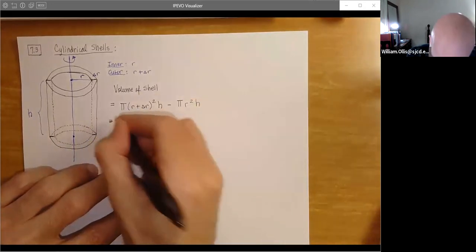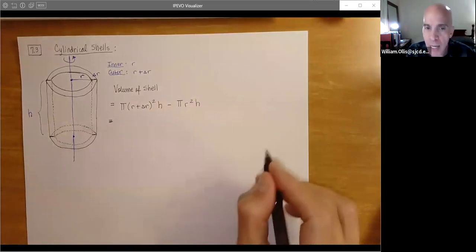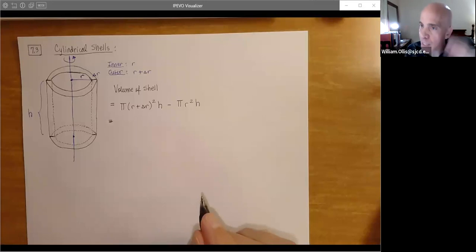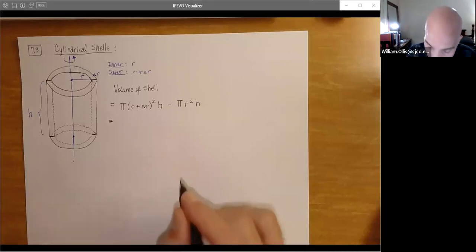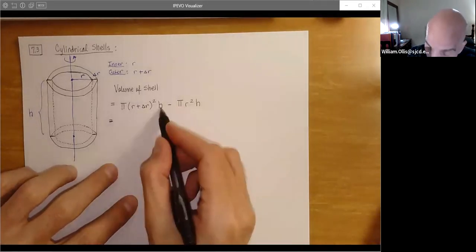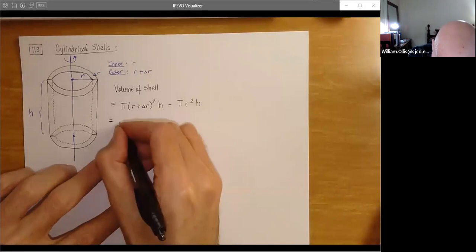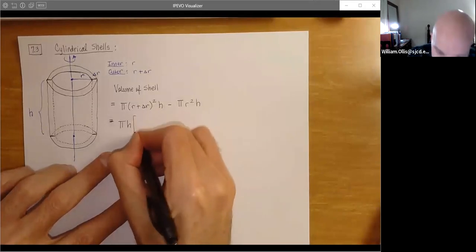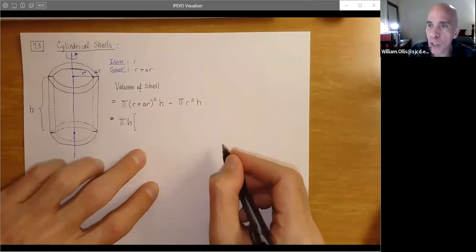So we didn't have to do this before, but at least this idea just utilizes the volume of the cylinder that you talked about in your high school geometry class. So let's go ahead and note in both cases we have a pi h, so we can go ahead and factor that. And then, of course, what do we do in this class?